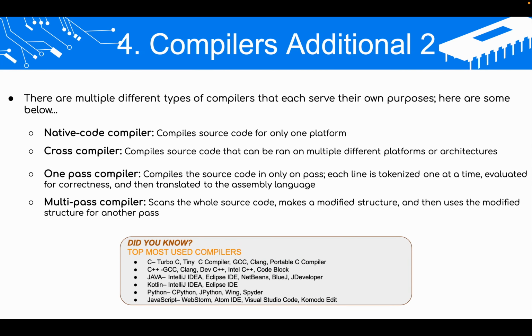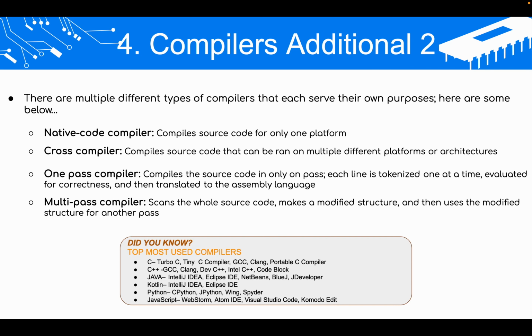So there are many different types of compilers that each serve their own purpose. For example, native code compilers will only compile code for one platform. Cross compilers will compile code that can be run on multiple platforms or architectures. One-pass compilers compile in only one pass, where each line is tokenized, then evaluated for correctness, and then translated to assembly language.